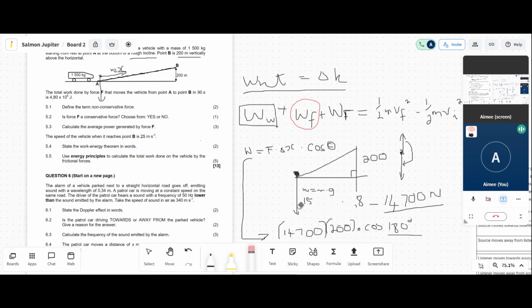Okay, so I'm just going to get rid of all of this because it might be confusing some people. I've tried to explain where I've gotten all of my values from. Now I'm just going to substitute them into the formula.